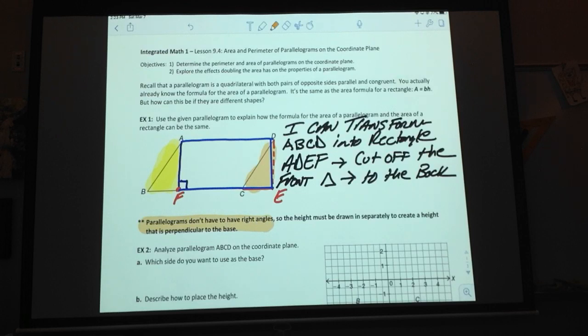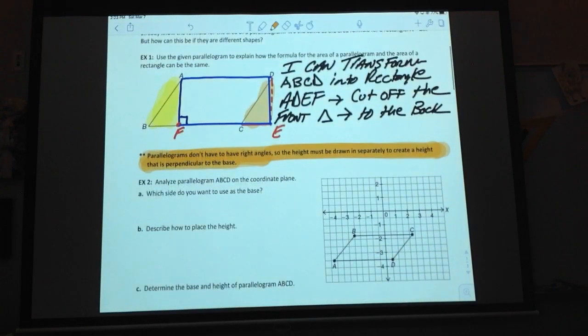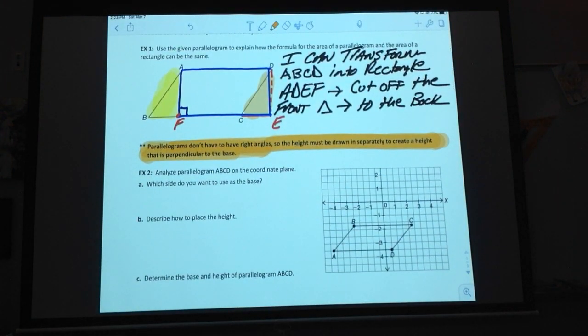So the height always must be drawn in separately to create a height that is perpendicular to the base. This thing right here, that I'm highlighting right now in orange, is huge for you. Because on a parallelogram, I can't just use a sidewall. It's not perpendicular to the base. I must draw in a height. Well, I can do that out of any of the vertices.